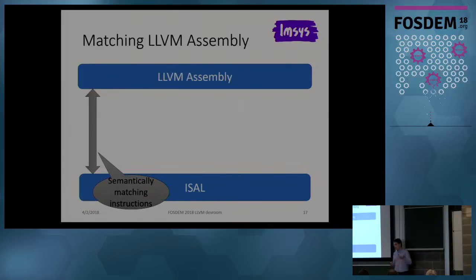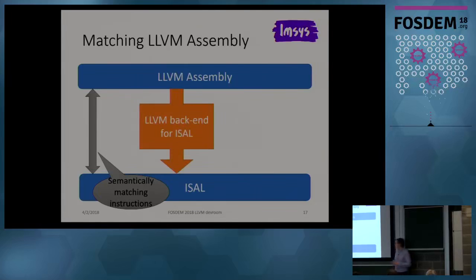So if you have an addition in LLVM assembly, then you have an addition in our instruction set architecture. Of course, this is not a big thing for these basic operations. Every processor has an addition instruction, but we have the same semantically matching corresponding instruction for complex operations as well. For example, like bit reverse operation, count leading zeros, or even intrinsics, floating point operations, and things like that.